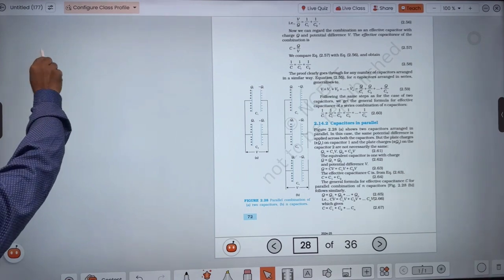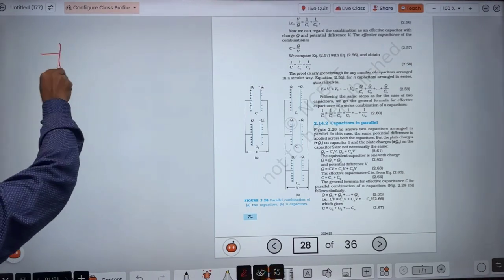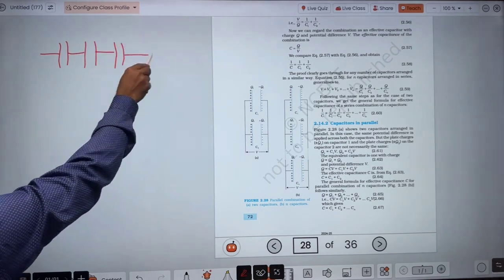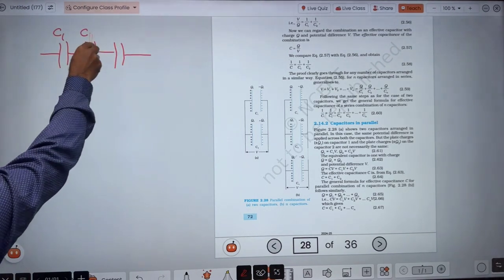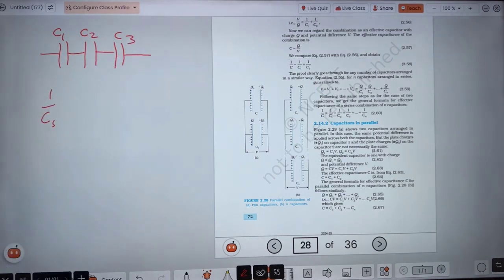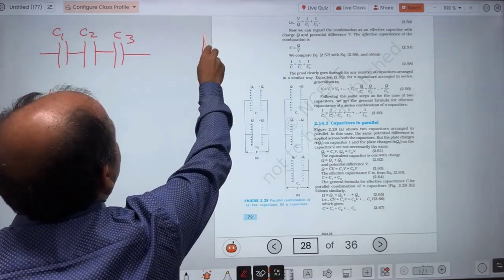Then you also studied that if there are capacitors connected in series, then if we want to write the equivalent capacitance, we can write 1 upon C series. This is just opposite to resistances in parallel.